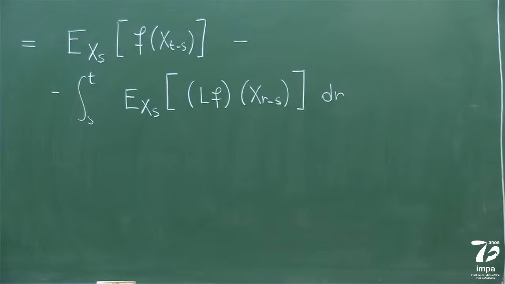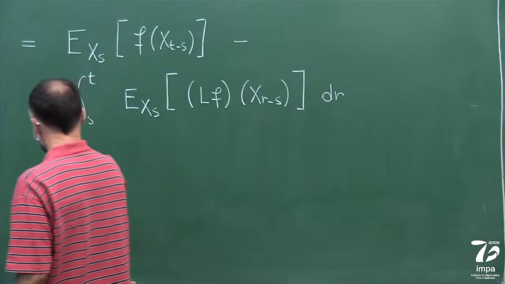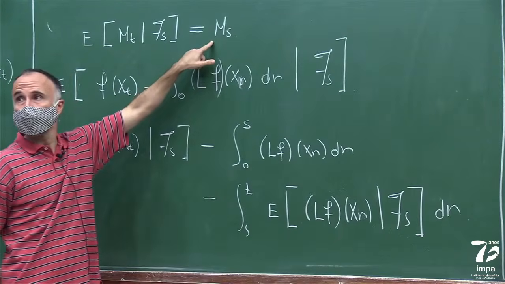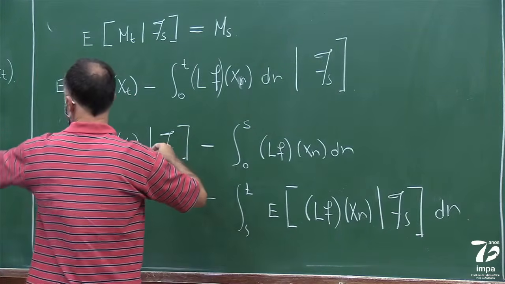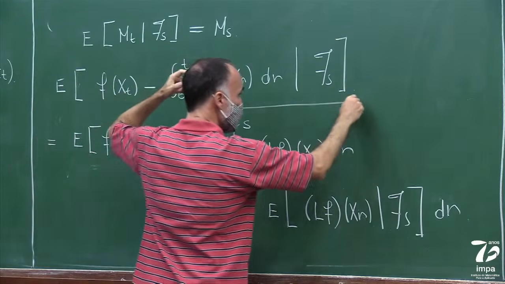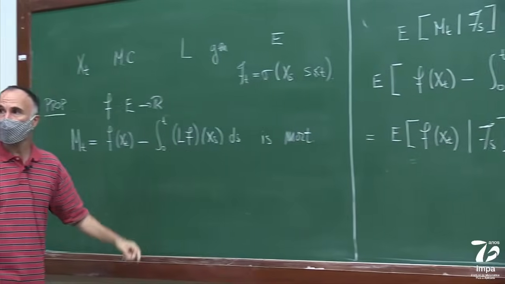All right? And what I want to prove is that this conditional expectation is M_s. Okay? So here, if you see the definition of M_s, I have here a piece of M which corresponds to this one.